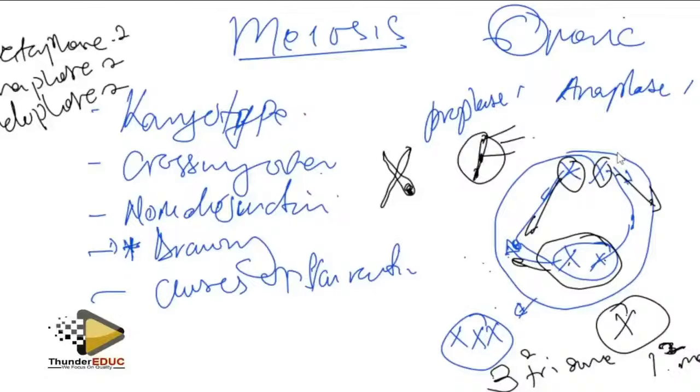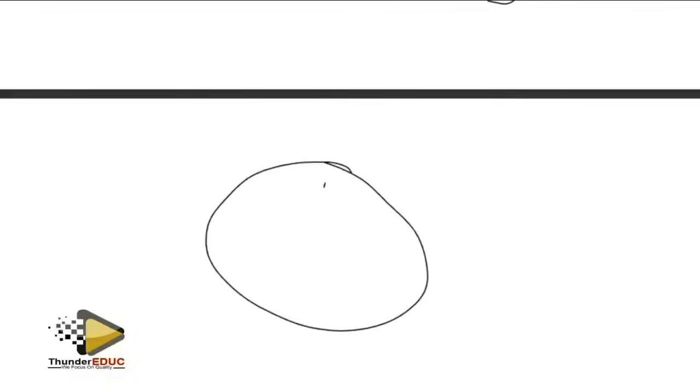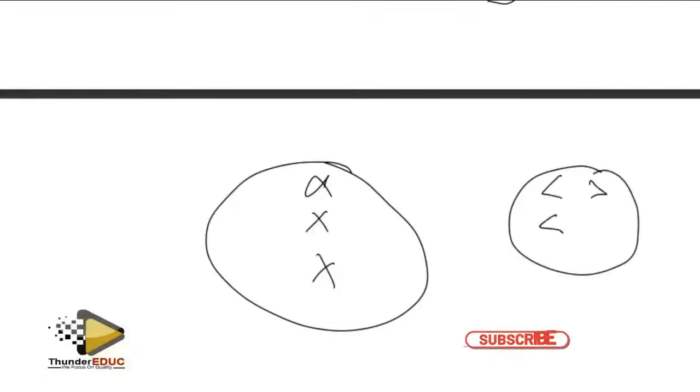Let me show you here down. When these chromosomes, look, I have it here. When they're under metaphase, we call them chromosomes. When they're being pulled now, ne? They're being pulled to opposite poles, ne? Like this. These are not chromosomes.